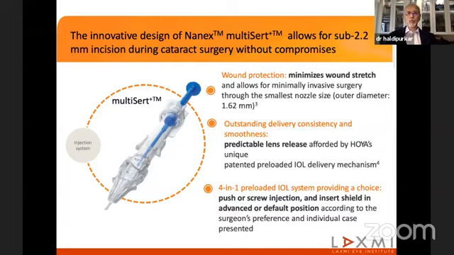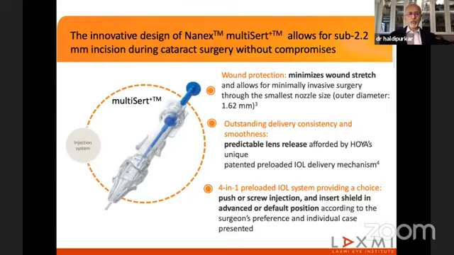cataract surgery without compromises. Talking about wound protection, there's minimal wound stretch because this particular nozzle has the smallest size, with an outer diameter of 1.2. The delivery consistency and smoothness is outstanding, and the predictable lens release afforded by Hoya's unique patented preloaded IOL delivery mechanism proves it.